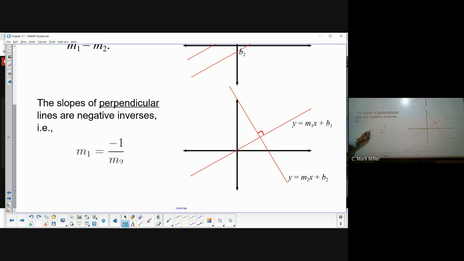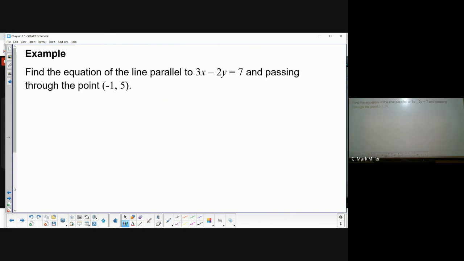So the slope of one line is going to be -1 over the slope of the other. That's another way of saying their slopes multiply to give you -1, that M1 times M2 is -1. So plug in one and solve for the other. This will become clearer in an example here.